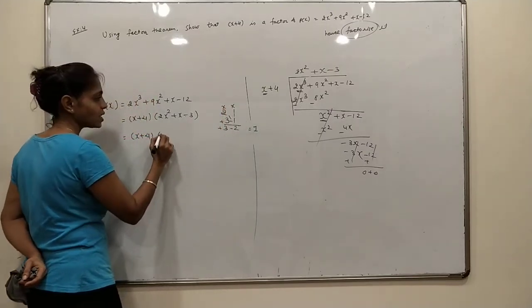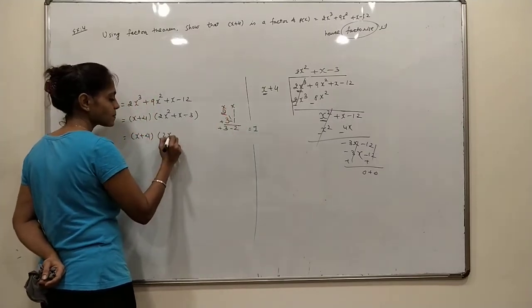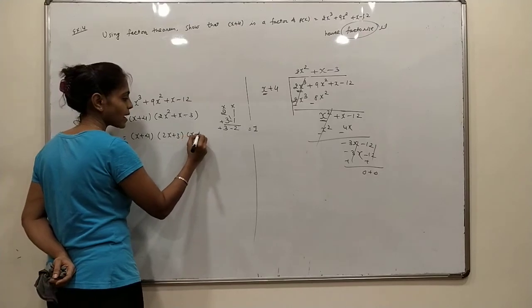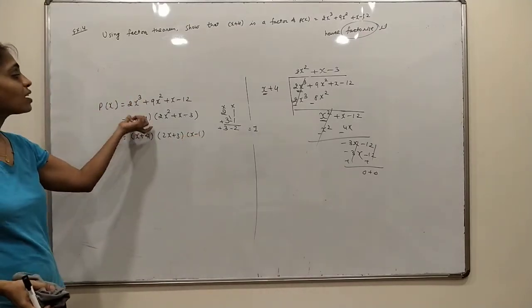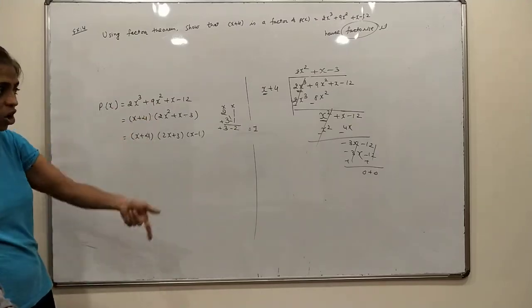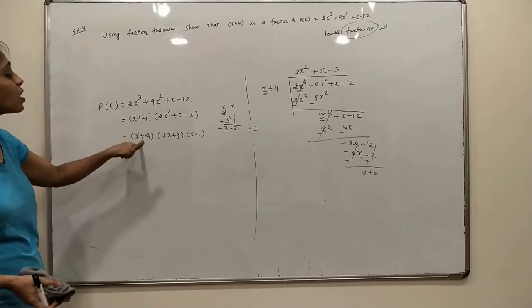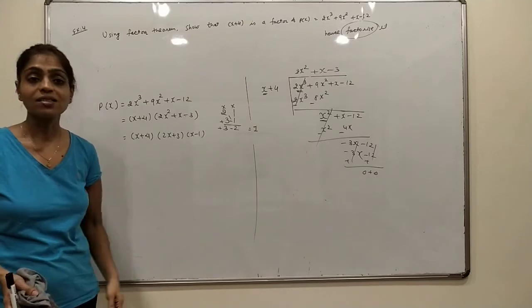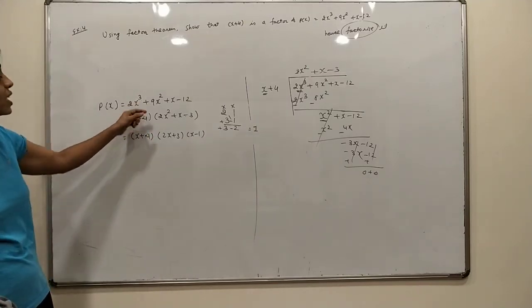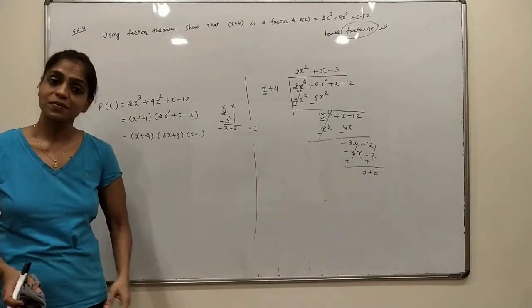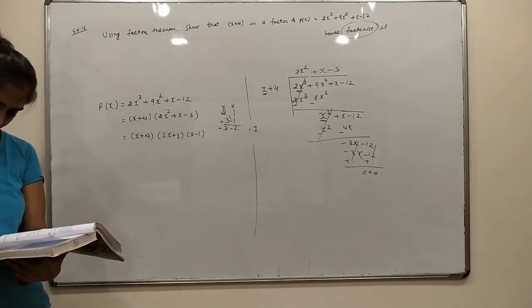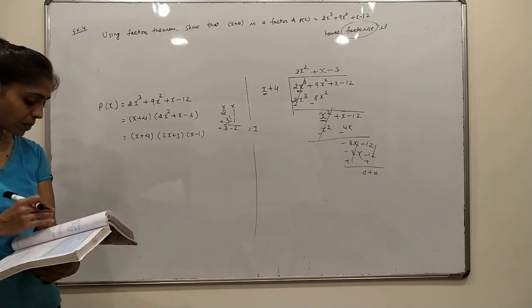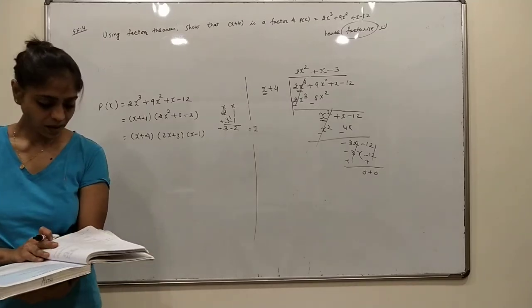So the answer is 2x plus 3 and x minus 1. Hence x plus 4 is a factor. Then we show that by the long division method and after we factorize it, the final answer, because the maximum power is 3, the answer has 3 factors, right? Now you will be able to do it, okay?